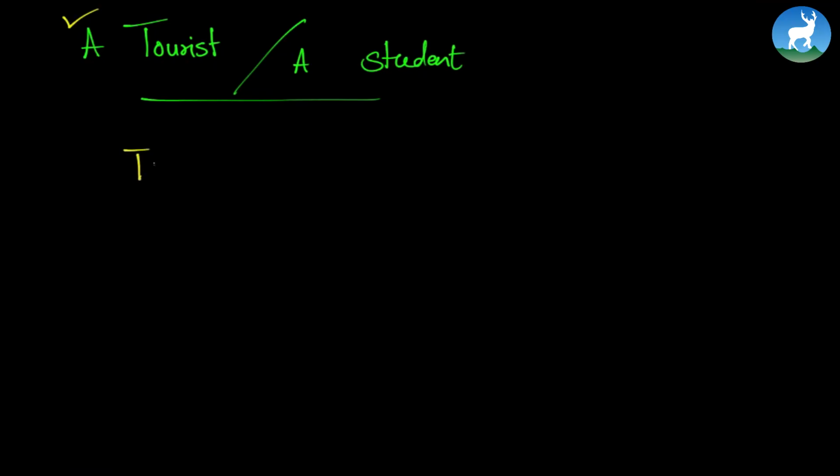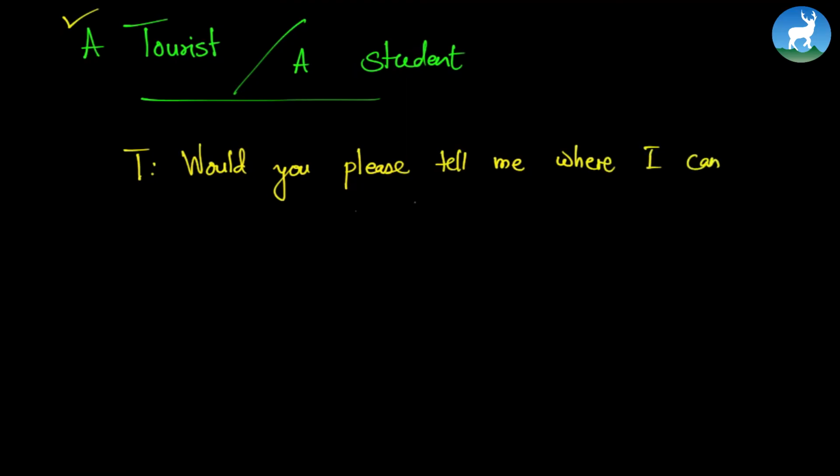The tourist would say something like, would you please tell me where I can stay here for a day? Would you please tell me where I can stay here for a day? Or you can simply say, could you please tell me where I can stay for a day?